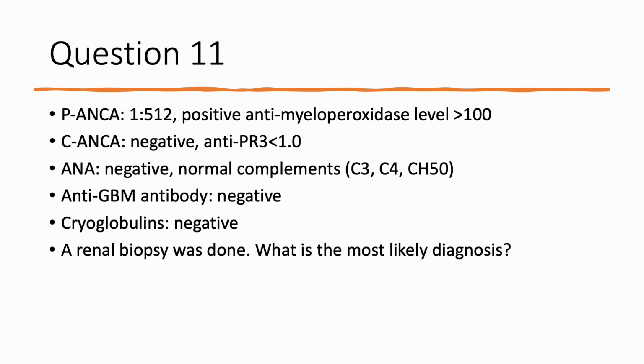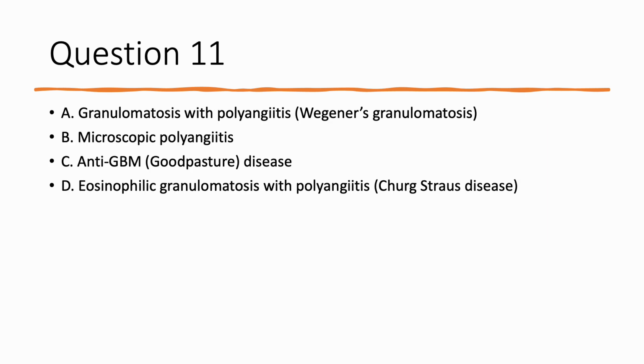What is the most likely diagnosis? You can pause for a second, think about the diagnosis. Is it granulomatosis with polyangiitis, formerly known as Wegener's granulomatosis? Now we call it GPA, granulomatosis with polyangiitis. Is it microscopic polyangiitis, MPA?